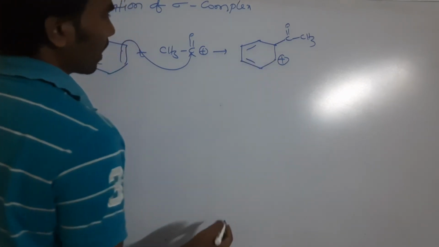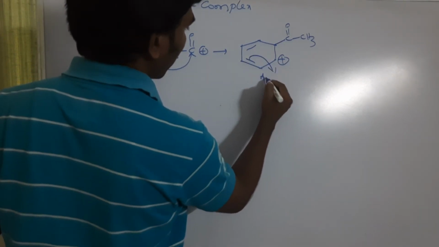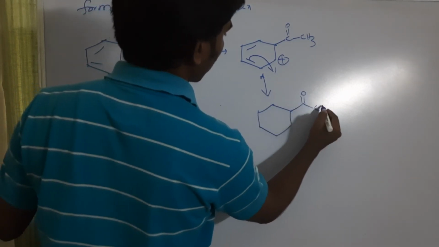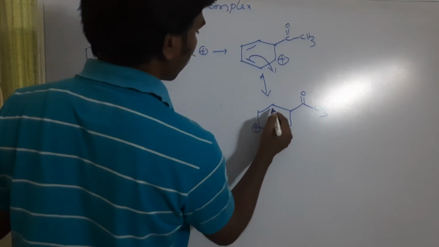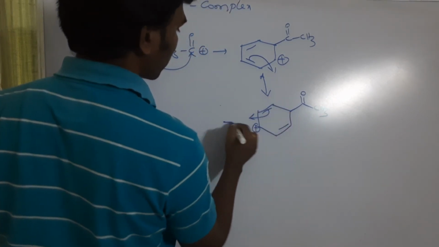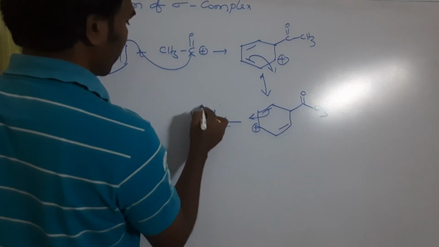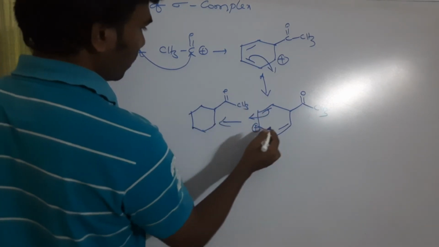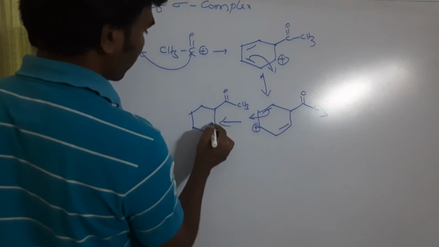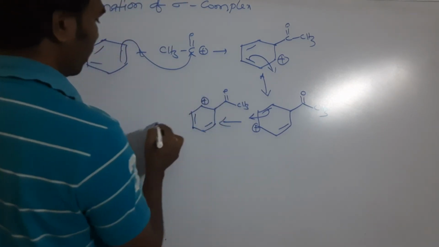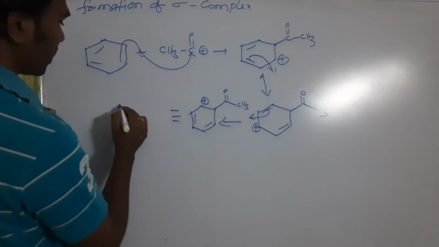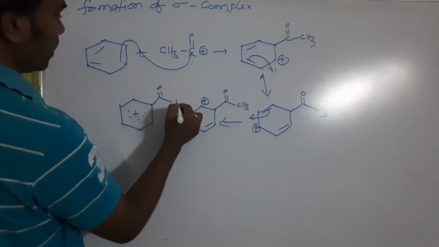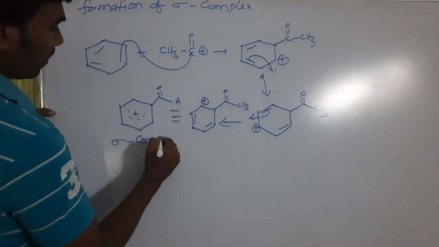After that, this bond will shift, and the positive charge will shift there. So these all three resonance structures we can represent like this, because positive charge is rotating throughout the ring, right? So this is called sigma complex.